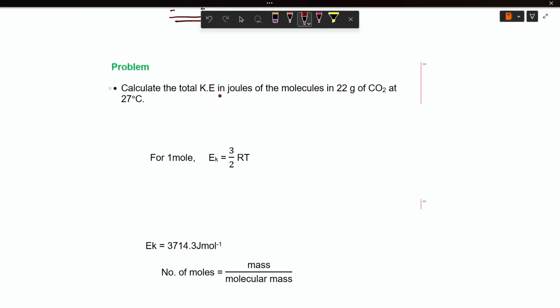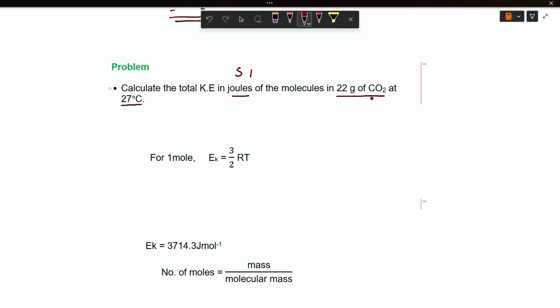The first problem is: calculate the total kinetic energy in joules, joules means SI system, of the molecules contained in 22 gram of carbon dioxide at 27 degree Celsius. Now, the problem arises, we do not have the number of moles, they have given the mass of carbon dioxide here, but if you get the mass, you can find out its number of moles provided we know the molecular mass.